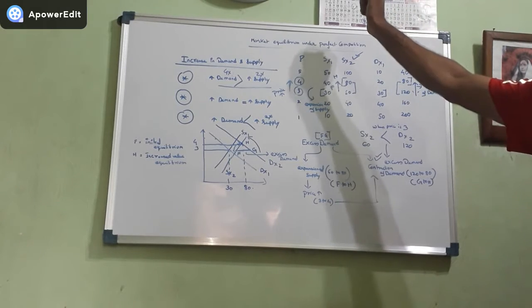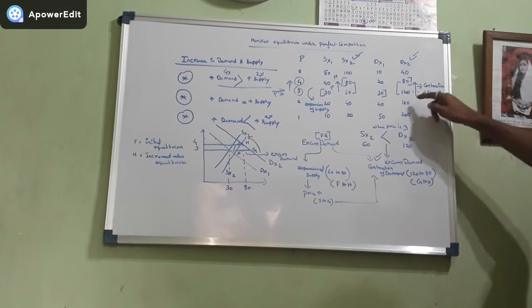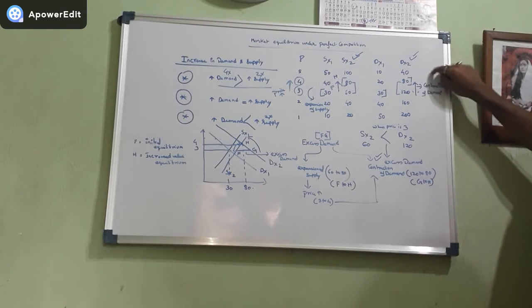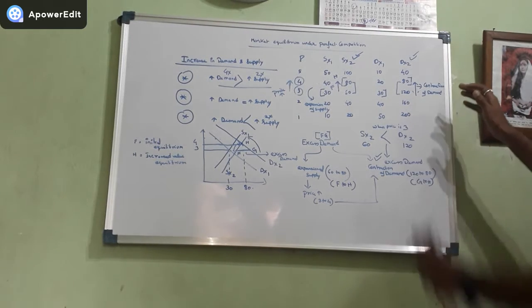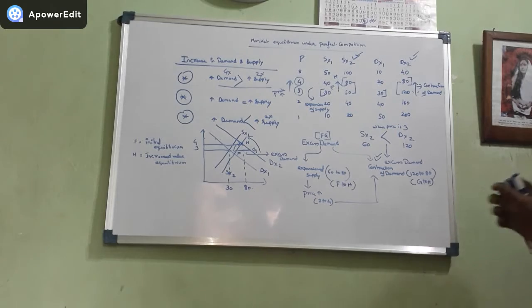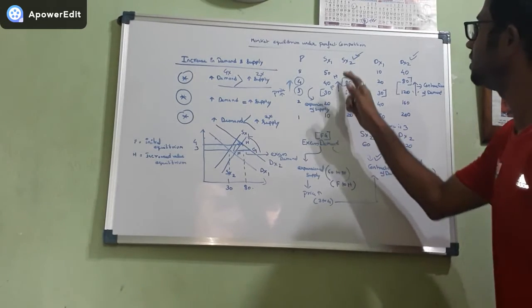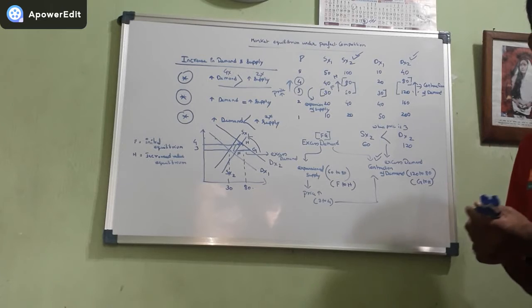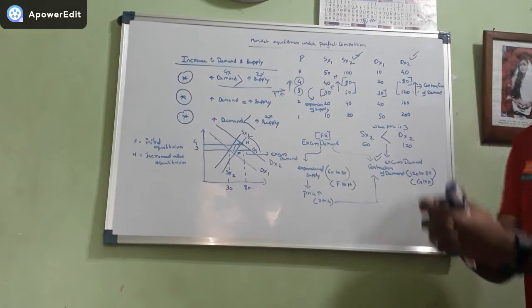So it has increased. Whereas for the Dx2, initially it is 120, then it has changed to 80. It has decreased. So we can say contraction of demand, and here it is an increase from 60 to 80, expansion of supply.